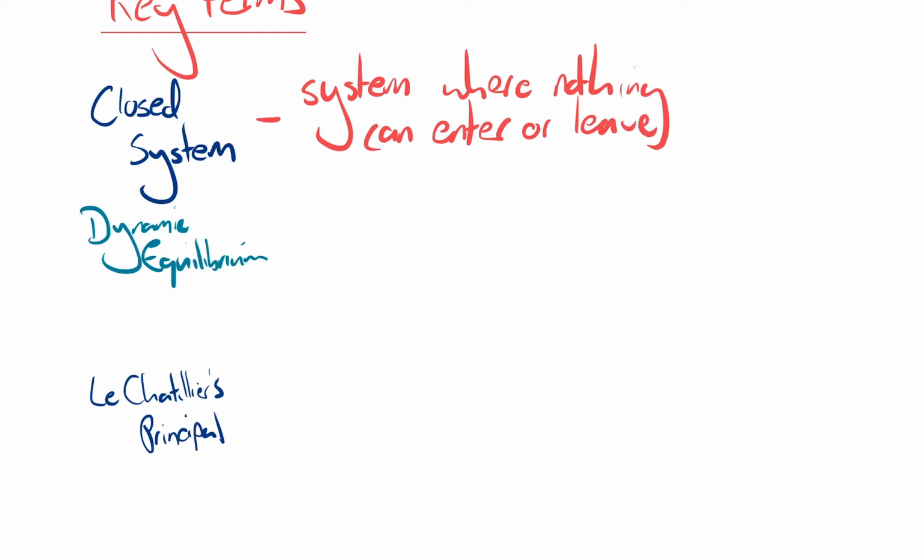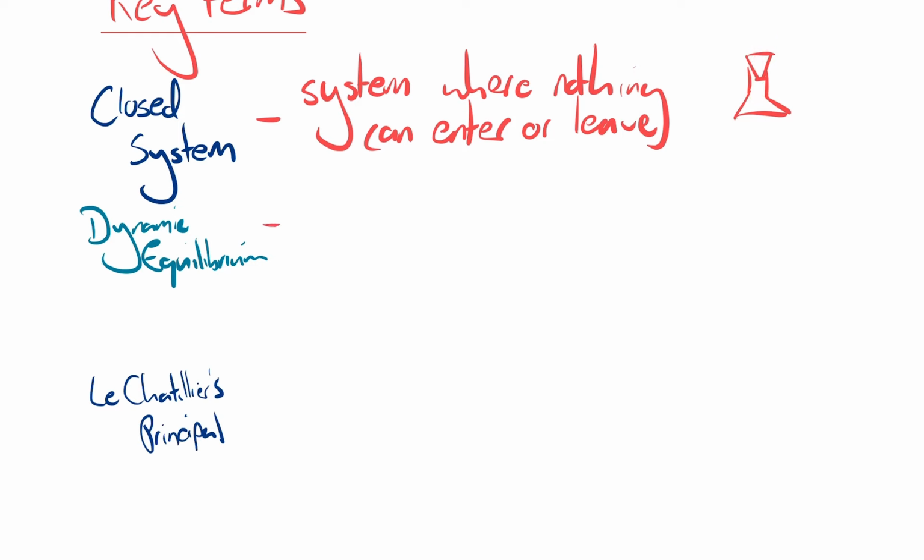So there, we might be talking about something like a conical flask with a bung in it, so that whatever the reaction going on here, nothing can escape, no gases could escape, and we're not going to enter anything into it either. So it's a closed system.